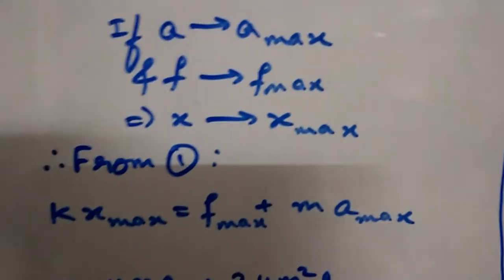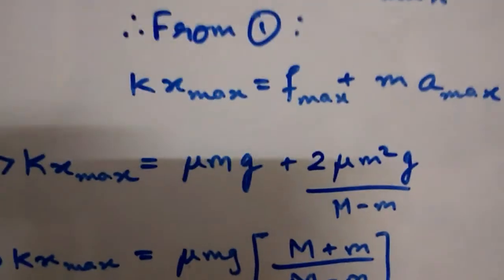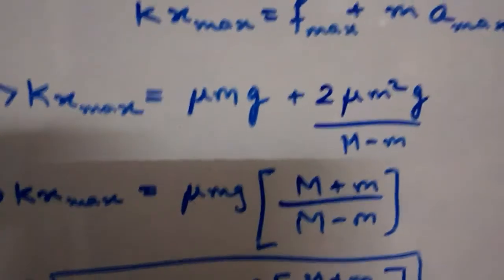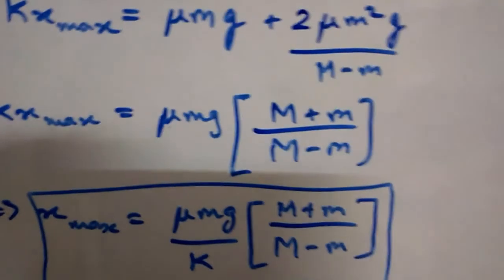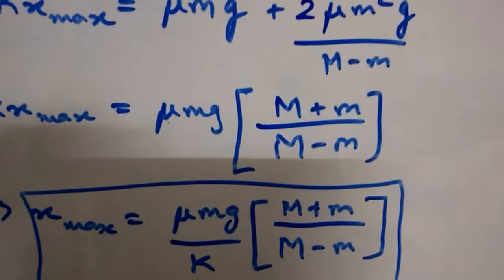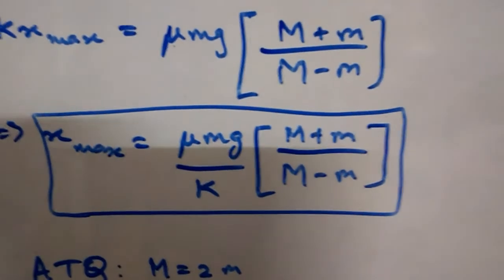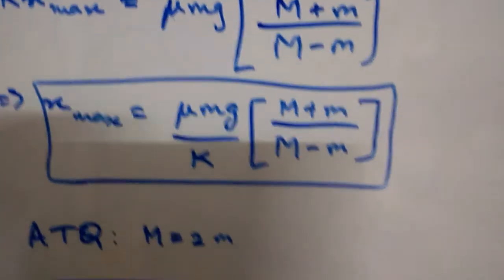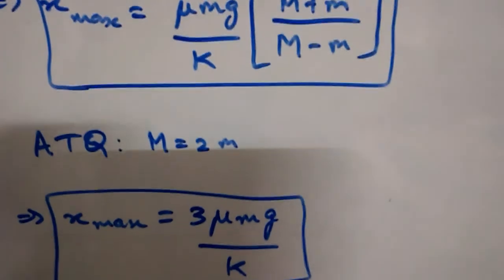So from equation 1 we have k x max is equal to f max plus M a max, and upon solving we get x max equals mu mg by k times capital M plus m divided by capital M minus m. Now according to the question, capital M was equal to 2 times small m. So substituting the value, we get the maximum displacement to be equal to 3 mu mg by k.